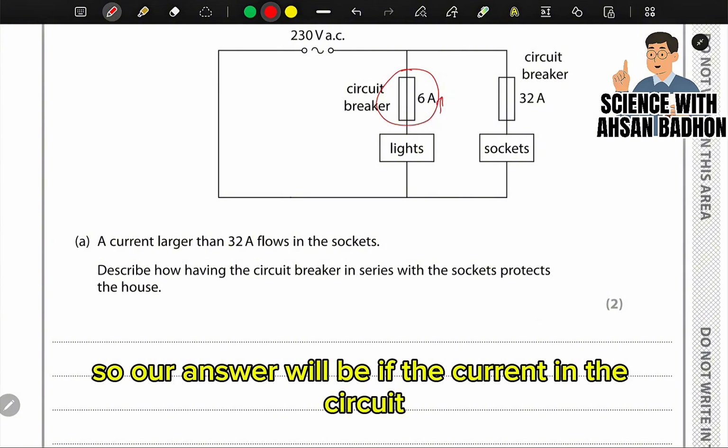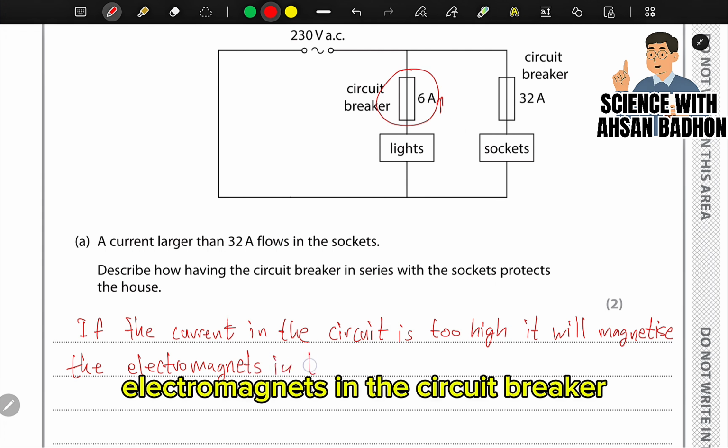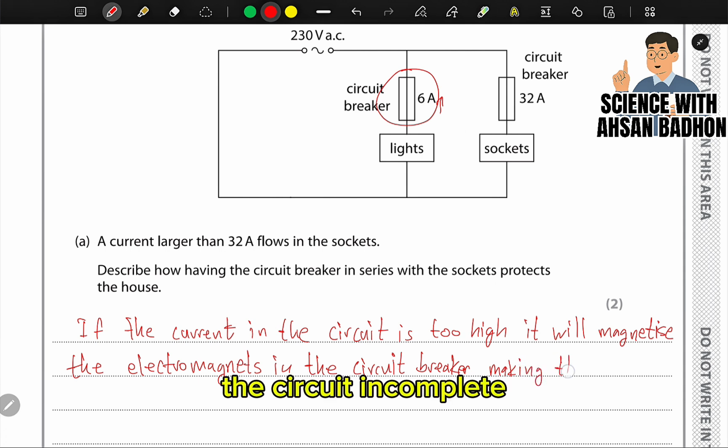So our answer will be: if the current in the circuit is too high, it will magnetize the electromagnet in the circuit breaker, making the circuit incomplete.